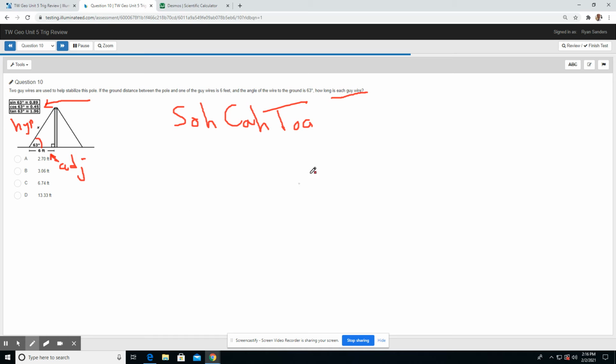Adjacent and hypotenuse, there we are. Cosine of 63 is equal to adjacent over hypotenuse. And adjacent is 6. Hypotenuse is X.